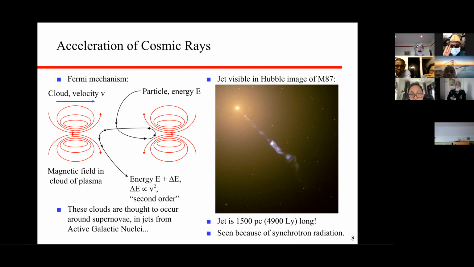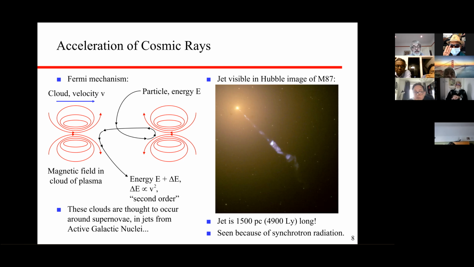Well, you've got to have these clouds of plasma, and they've got to be moving around, they've got to be turbulent. And the kind of place that can happen is around supernovae, around exploding stars, or around active galactic nuclei. So these are galaxies which have a supermassive black hole in the center.